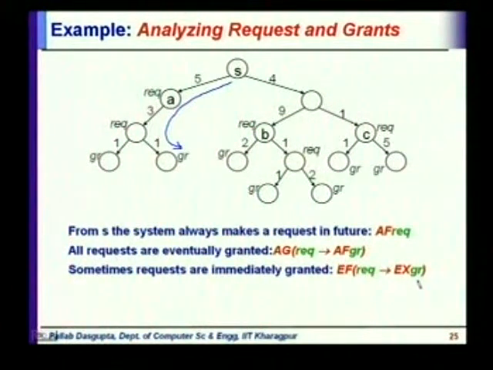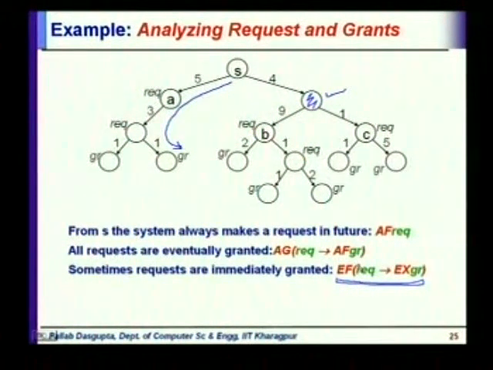Right? Now see, there is a slight bit of problem with this property. Suppose there is a path where request is, let us take this state for example. This state does not satisfy request, right? So request implies EXGR is true here. Yes or no?